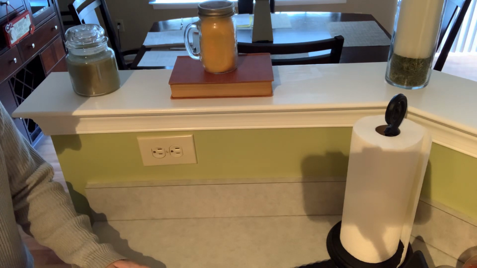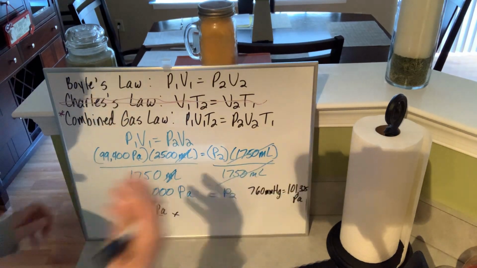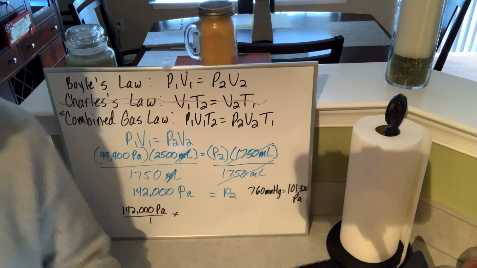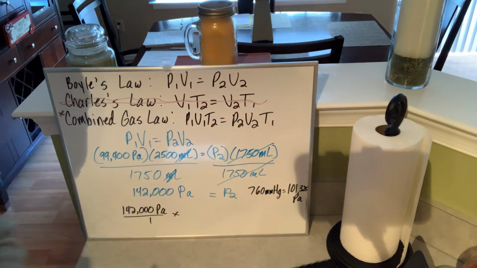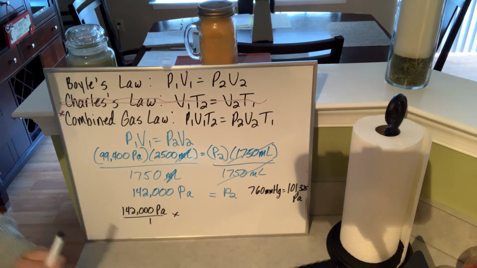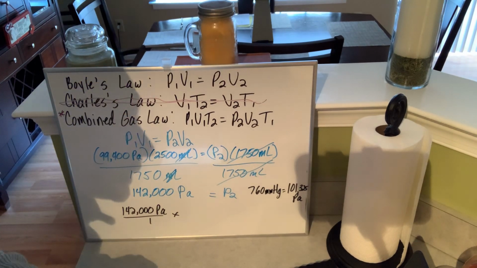So you got 142,000 pascals, and we'll put that over 1 like this, kind of like when we were going grams into moles, moles into atoms, or molecules, right? The old holy grail, right? Okay, 142,000 pascals. All right, now here's my conversion factor. And I'm going to multiply by what I'm looking for over what I have.